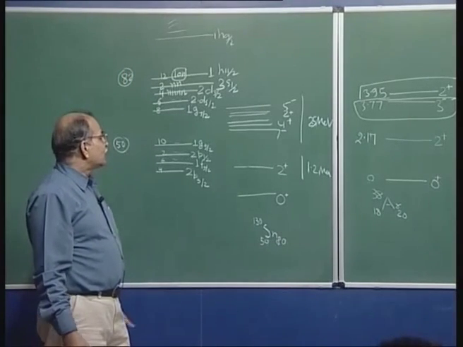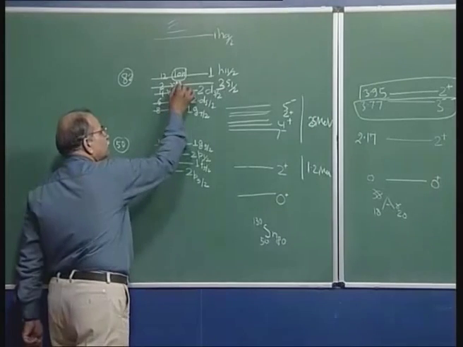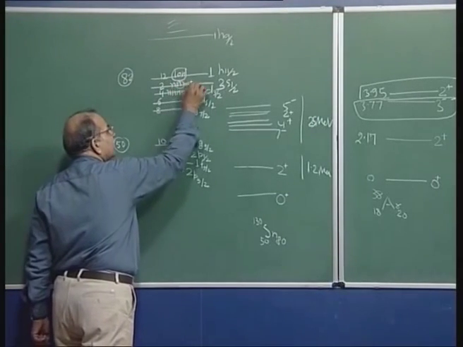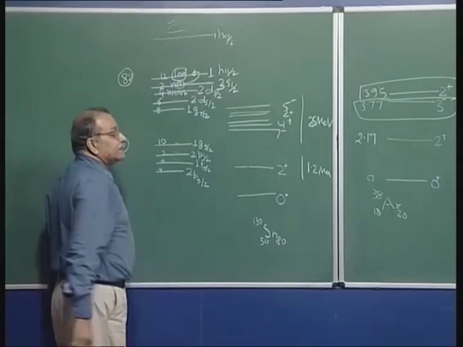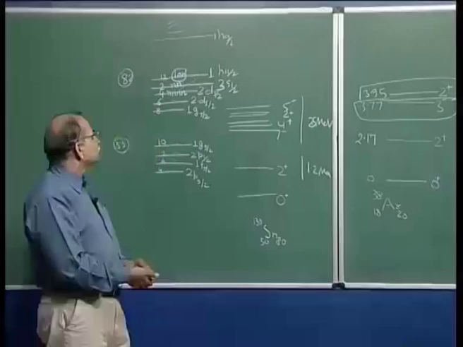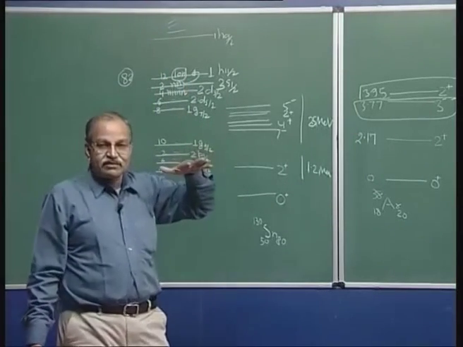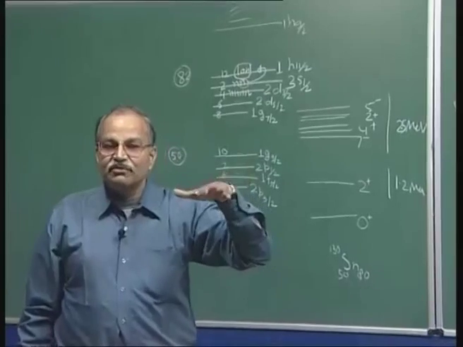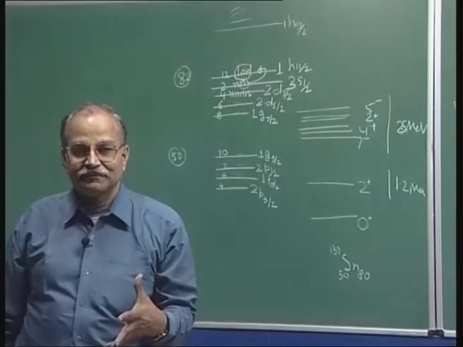So how do I excite it? We break this pair and take it here, but even typically breaking a pair needs something like 1.5 MeV, 2 MeV type of energy.